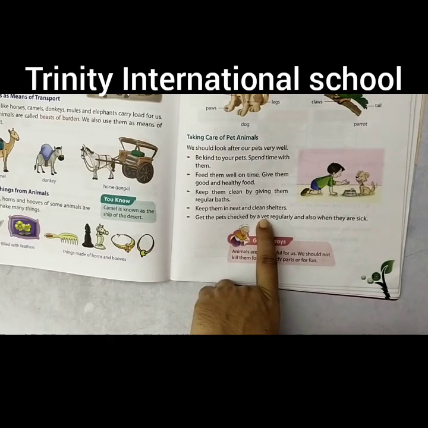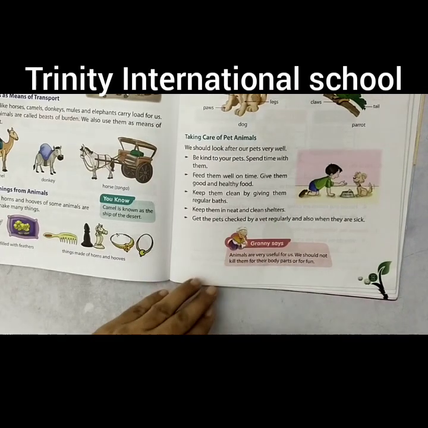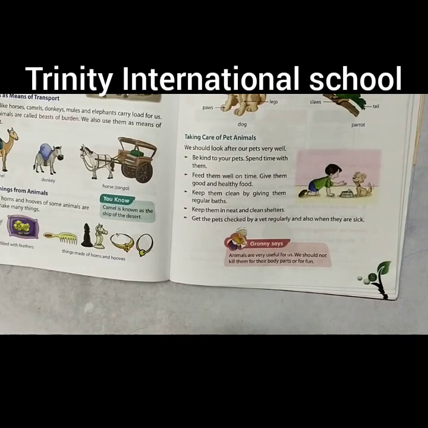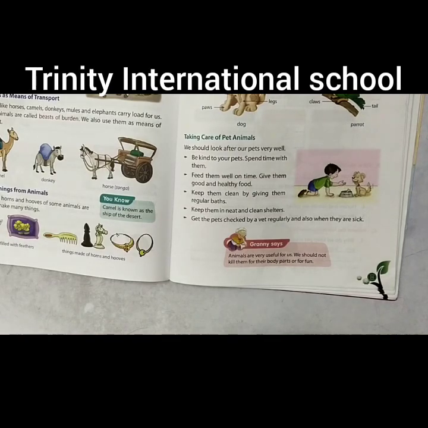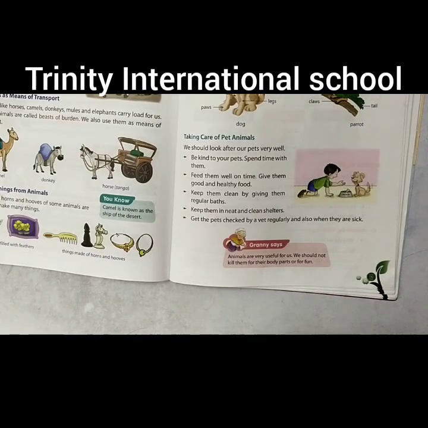Vet doctor, जो animal का doctor होता है, उनके पास उनको checkup करने के लिए regularly लेकर जाना चाहिए. तो vet doctor के पास आप regularly checkup के लिए जाओगे तो वो doctor आपको अच्छी तरह से हर एक चीज़ आपको instruct कर देंगे. तो उसके doctor के instruction के हिसाब से आप अपने pet को अच्छी तरह take care कर सकते हो, ओके.